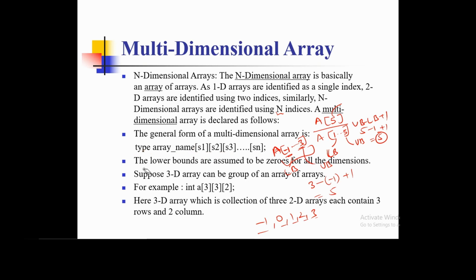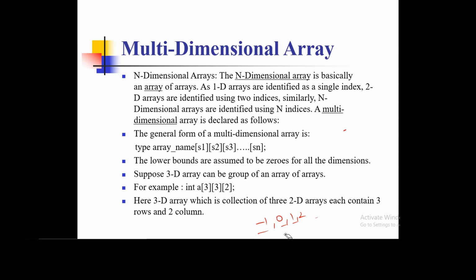And if we calculate the number of elements in each dimension, then we simply multiply them to get the total. Like we have a 2-dimensional array A[3][3].